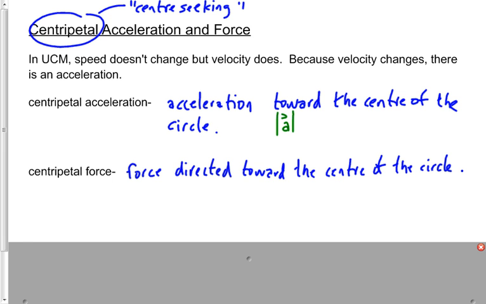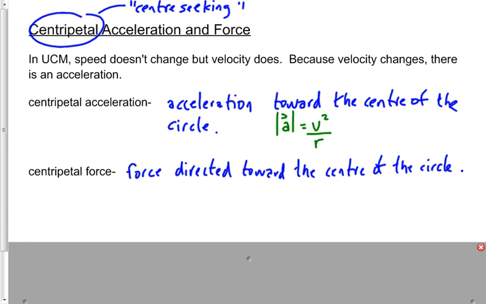We know which way it is all the time. It's toward the center. The magnitude of the acceleration is v squared over r. What does v stand for there? Speed, not velocity, speed. And r stands, of course, for the radius of the circle in meters.